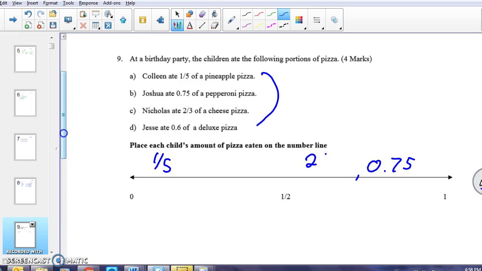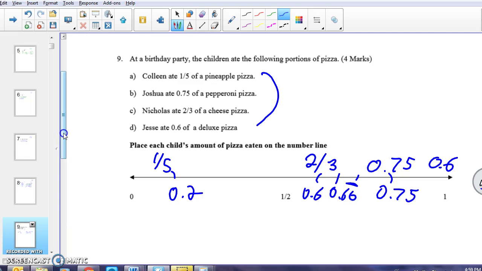I know 2/3 is bigger than a half, and I know 0.6 is bigger than a half. So it doesn't really matter which way I'm going to go here, but I know that 1/5 is 0.2. I know that 2/3 is 0.66 repeating. I know that 0.6 is smaller than that, and I know that 0.75 is bigger than those there.